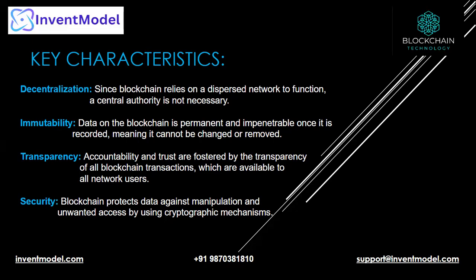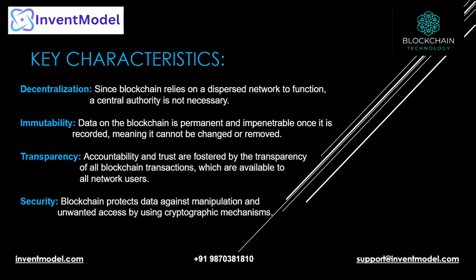Second point is immutability. Immutability means no one can change the data. In concept form, we can say that once data is added to the blockchain, it cannot be altered or deleted. This is immutability. It is enforced by the cryptographic hash and the structure of the blockchain.